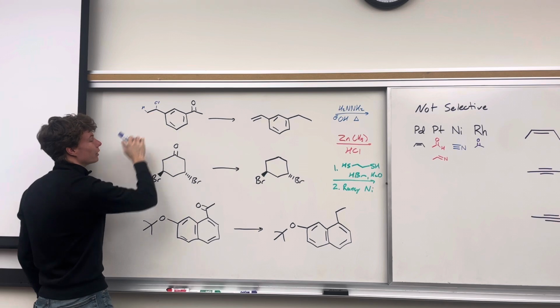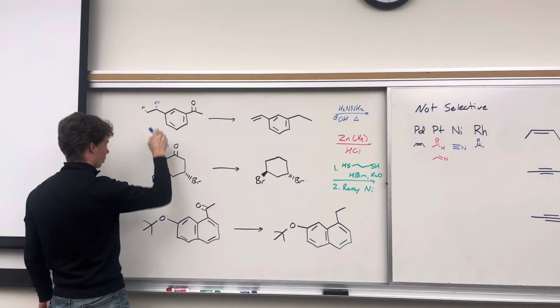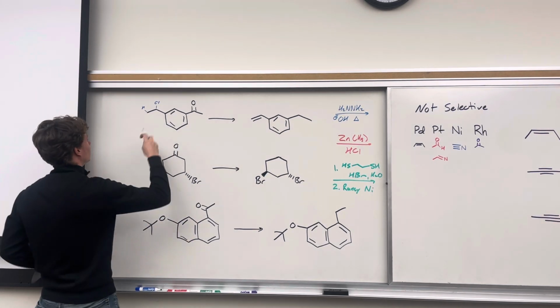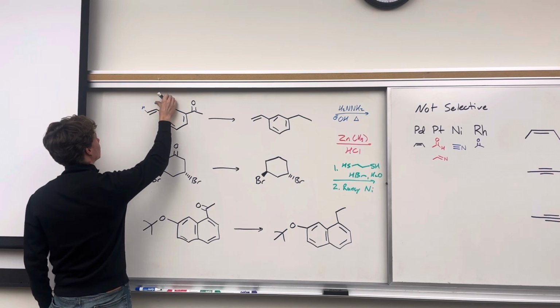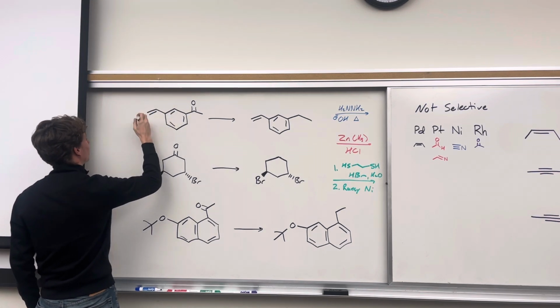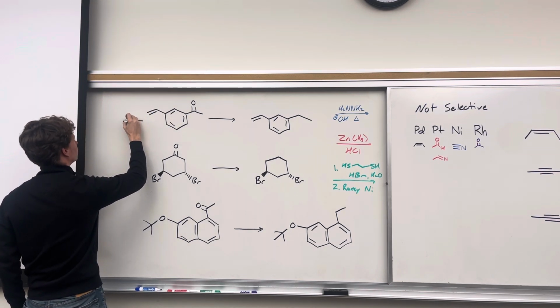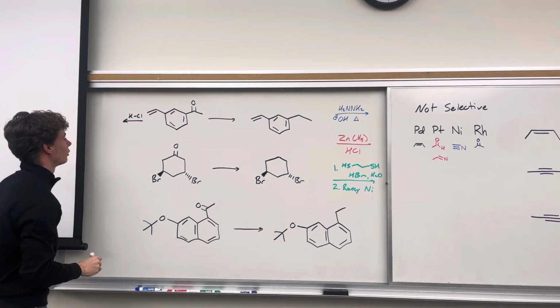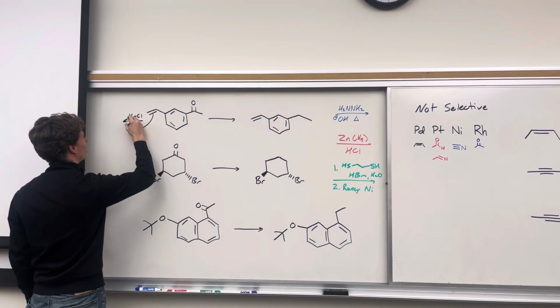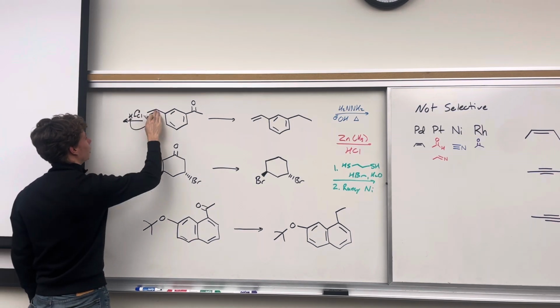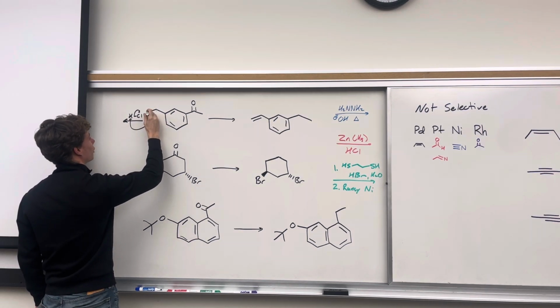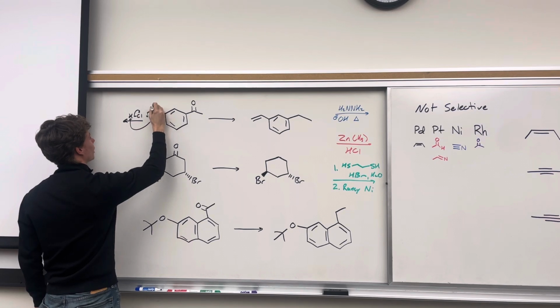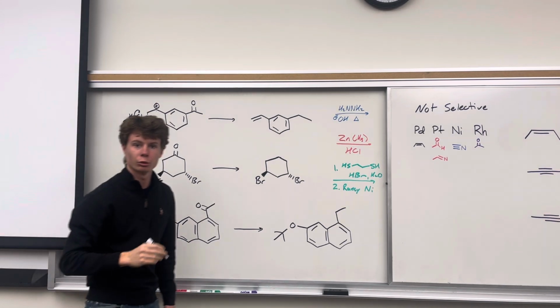Let me actually show that. If I react this with HCl, who has electrons and who wants them? The double bond attacks the hydrogen on the chlorine there. Then I'm left with a carbocation right here. Very stable carbocation, so good reaction.